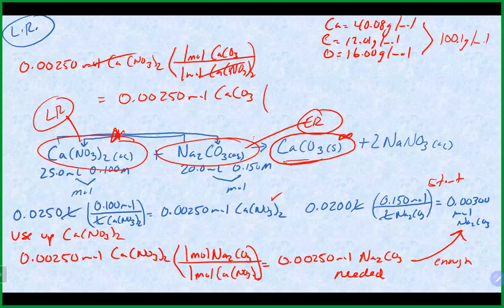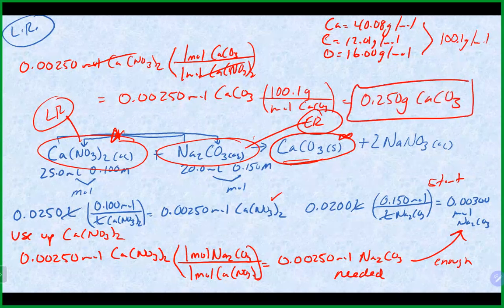So using that to figure out our grams that we would produce, the molar mass from the periodic table tells us we will end up producing, in this case, about 0.25 grams of calcium carbonate. That would be our theoretical yield in grams.